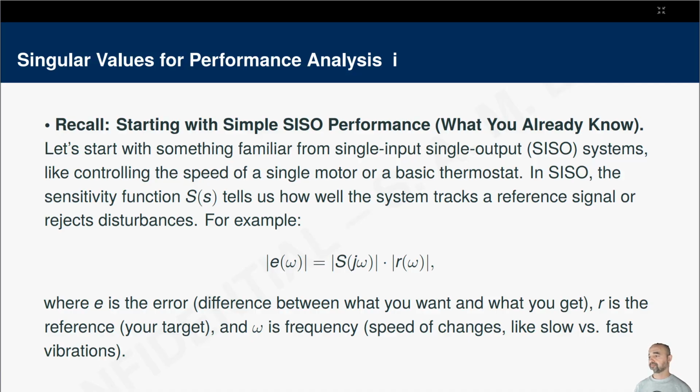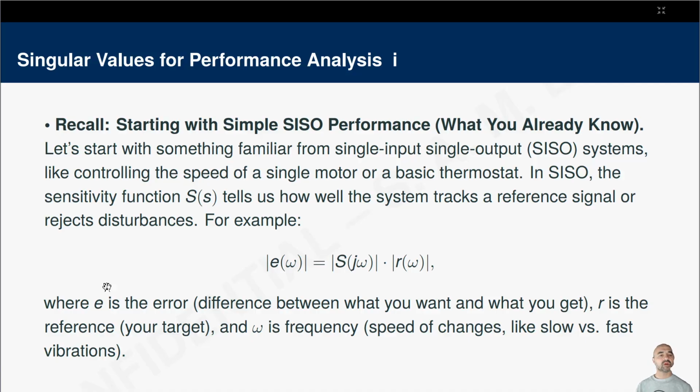For example, we have E(jω) = S(jω) R(jω), where E is the error. Error is the difference between what we want and what we actually get. And R is the reference, your target, and omega is the frequency, for example, the speed of change. For example, slow is gradual change and fast is vibration.